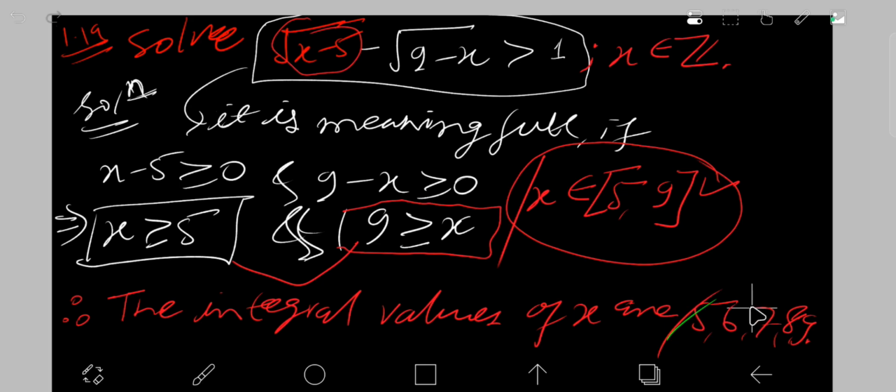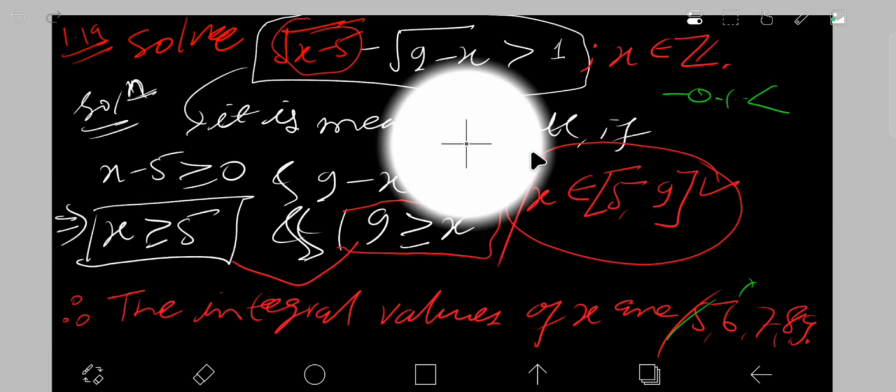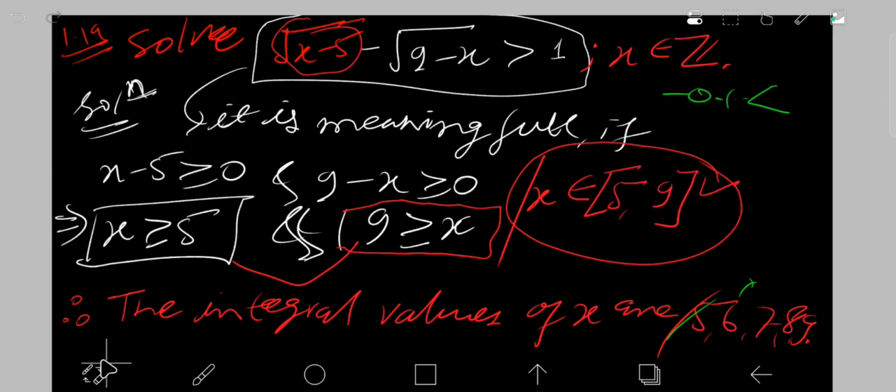Now we check 6. Put x equal to 6: 6 minus 5 gives 1, and 9 minus 6 gives 3, so 1 minus the square root of 3. The square root of 3 is 1 point something, so 1 minus 1 point something gives a negative number, which is not greater than 1.